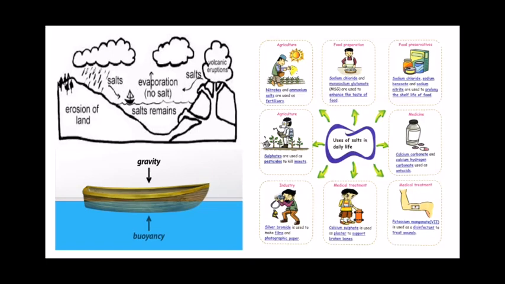The more the salt content in the seawater, the more ability we get for any kind of objects to float in the seawater. This is useful for water transport. As I told you all, ships and all are able to travel and transport because of the density of the seawater.